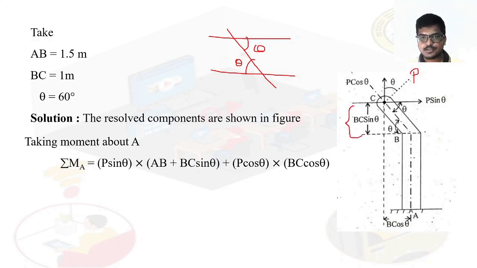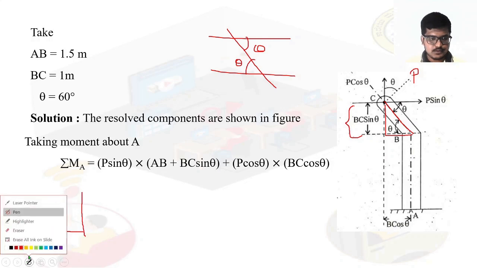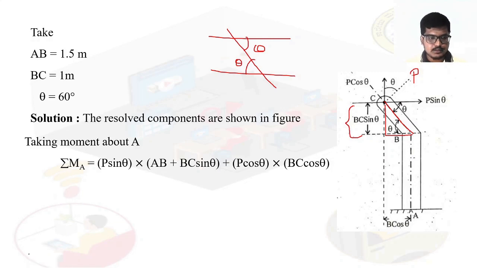How? See, if I take a triangle here, this triangle forms. I know the value of BC is 1 meter, and AB is 1.5 meter. I'll enlarge this triangle here. I'll erase this.